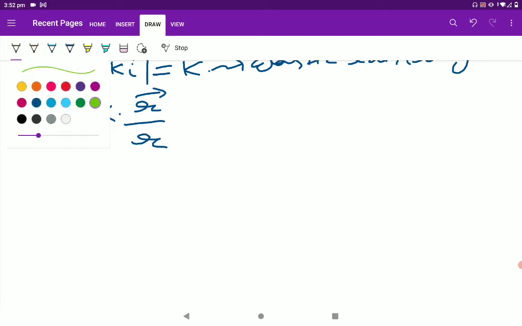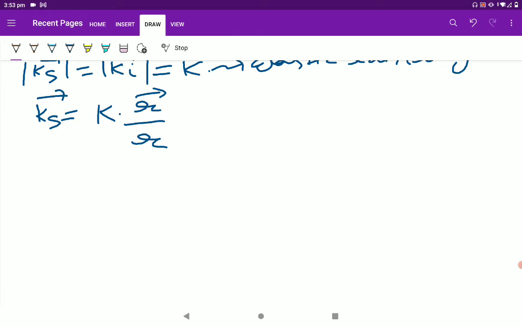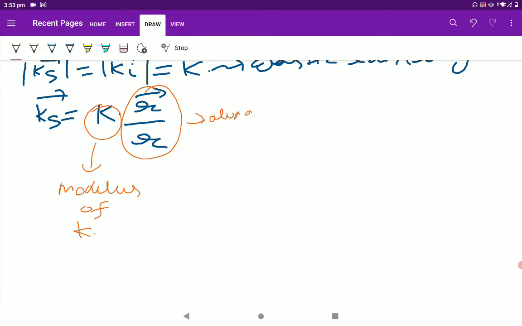So the scattered wave vector is given by this expression. This is the modulus of k, along the displacement of r.